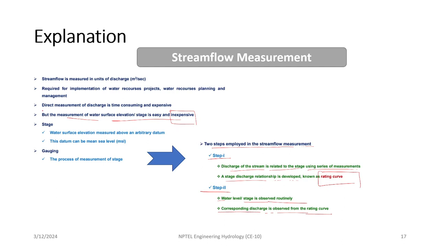But if we go directly into the river, carrying the current meter, or taking the boat method, or the area velocity method, slope and other methods, then direct measurement can be time consuming also.